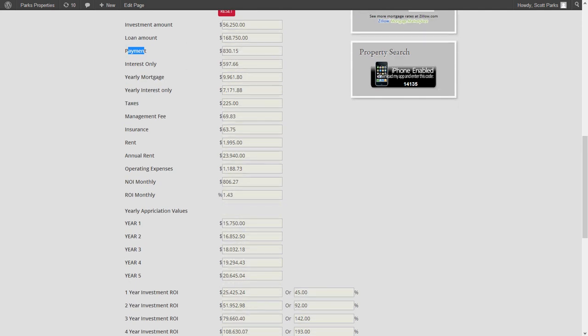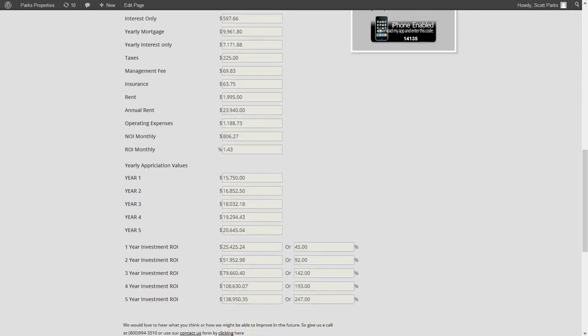Now, if you look at the yearly appreciation values and your yearly investment return, this is a great tool to see if you're looking to do a 1 year, 2 year, 3 year, or even up to a 5 year, to see which one best meets your strategy goals.